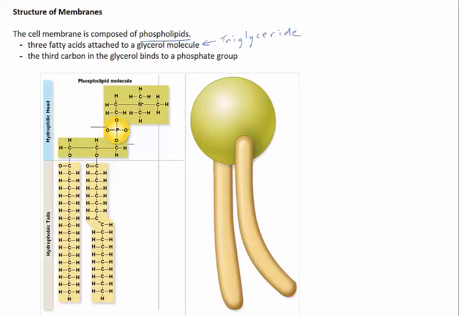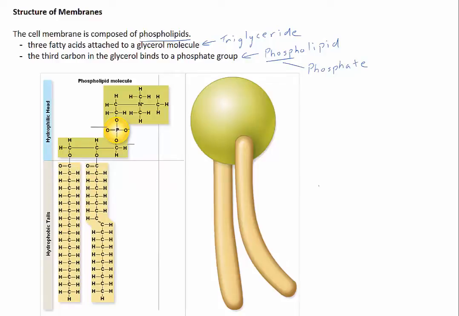But in a phospholipid, glycerol bonds only to 2 fatty acids, and the third carbon in the glycerol binds to a phosphate group attached to additional atoms, and this makes it a phospholipid. Phospho for the phosphate group that it is attached to.